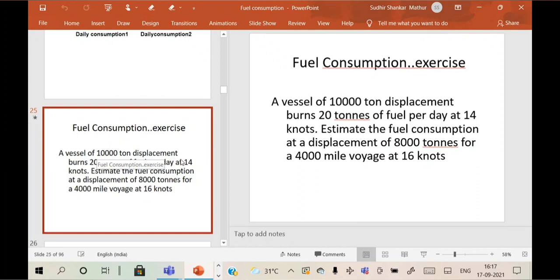So DC2 is DC1 into delta 2 by delta 1 raised to power 2 by 3 into V2 by V1 cube. Once we have DC2, we have 4000 miles. So 4000 miles divided by 16 knots divided by 24 is the voyage days. Multiply by the daily consumption gives me the voyage consumption. So that is the method.